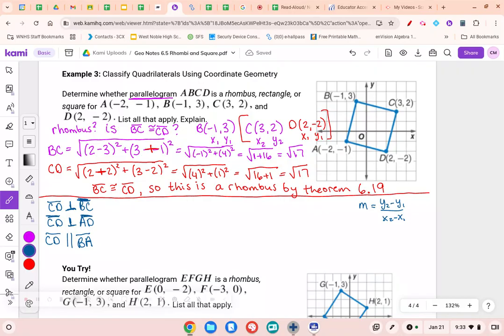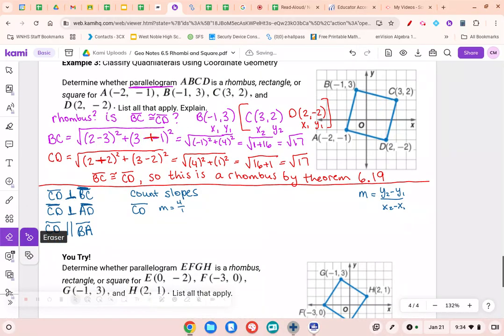So my slopes for each of these, we have CD. I'm just going to rise from D, 1, 2, 3, 4, and then I run 1 to C. So my slope here is 4/1.